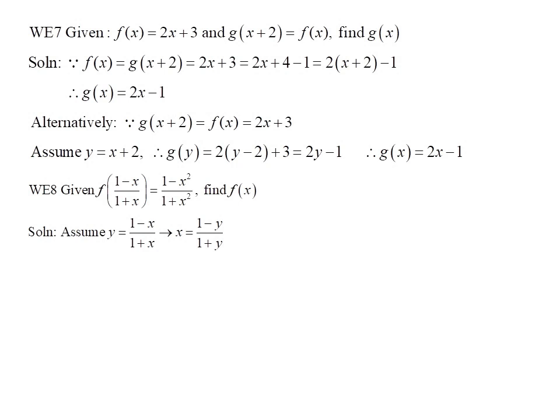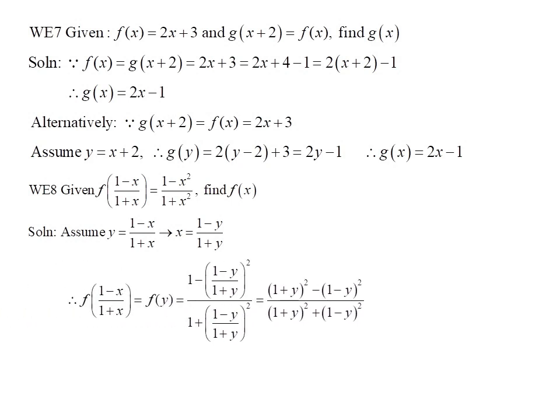Here we introduce y and make it equal (1 - x)/(1 + x). From that equation, we can find the expression of x in terms of y. And here we find x equals (1 - y)/(1 + y). Hence, f((1 - x)/(1 + x)) becomes f(y).